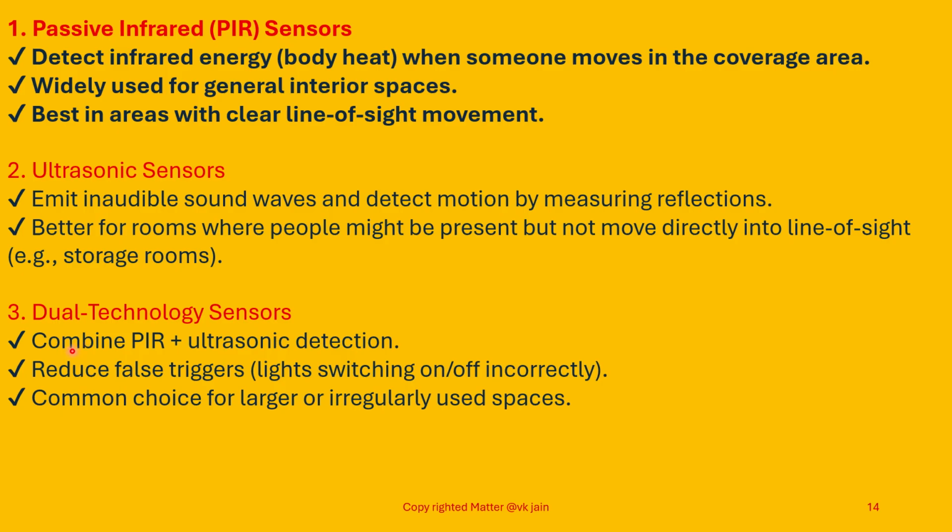So dual technology sensors are combining PIR plus ultrasonic detection. Second characteristic is reduced false triggers, lights switching on or off incorrectly. Common choice for larger or irregular shaped spaces.